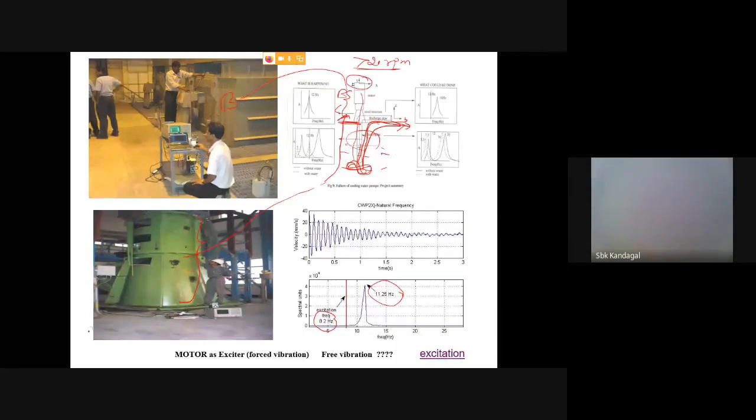You take the motor RPM up to something like 800 and switch it off. As the motor RPM keeps coming down, you put accelerometers at various points and pick up the signals. Whichever subsystem is under resonance will show a large amplitude of vibration.